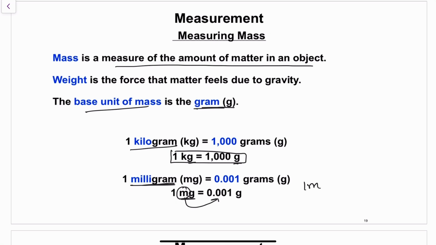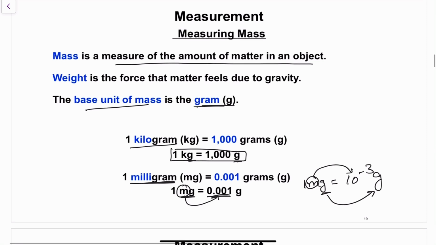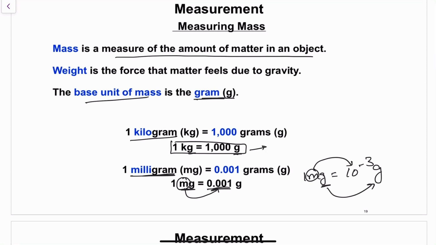So I can say 1 milligram is equal to 0.001 gram, or I can say milli is what? 10 to the power negative 3, and just write g, same thing, right? So 1 milligram is 10 to the power negative 3 gram, and these numbers are also equivalent numbers.